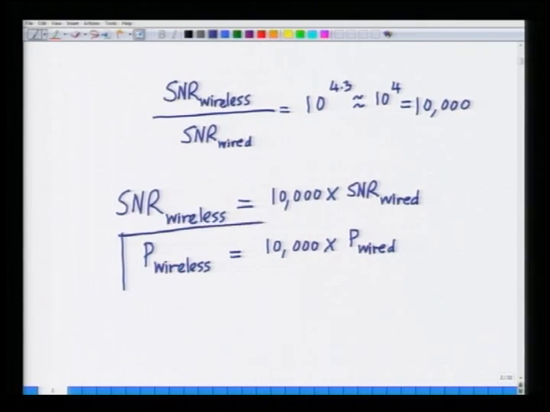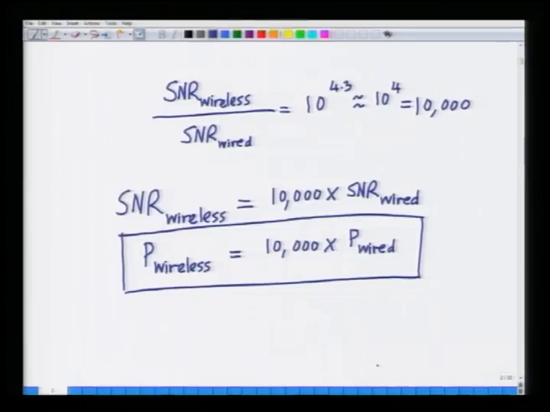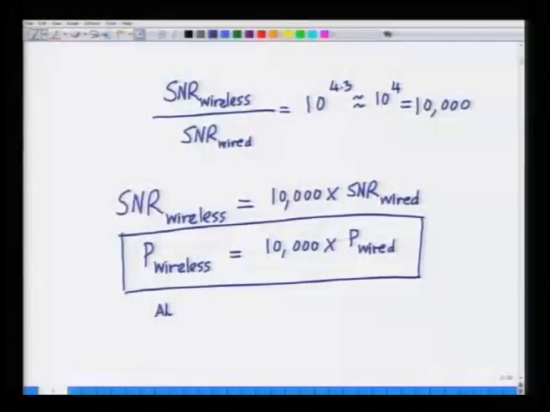Look at this. If you want to achieve the same bit error rate in a wired communication system and a wireless communication system, that is, if I require a bit error rate of 10 to the power of minus 6, then in a wireless communication system I need 10,000 times more power than what I need in a wired communication system.